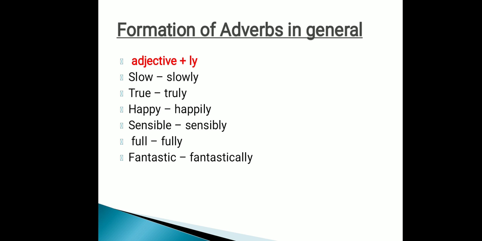See, in true or in due or in whole, what we have done here, we dropped e and add ly, like true, truly. We drop e and spelling is truly. In these examples, there are exceptions in spellings.